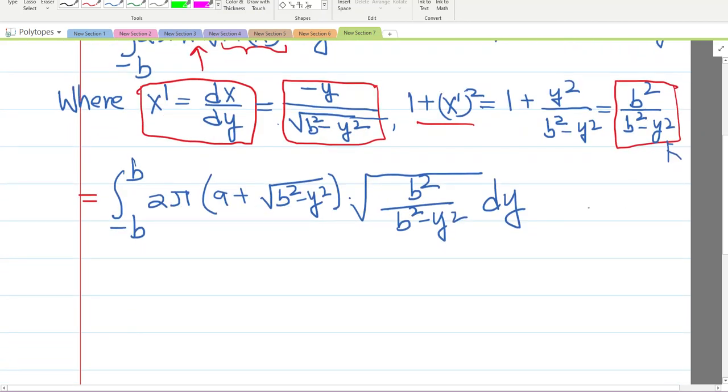Okay, so this is the integral with respect to y. But if you use the symmetry of this problem, if we call this function f of y, this is an even function.